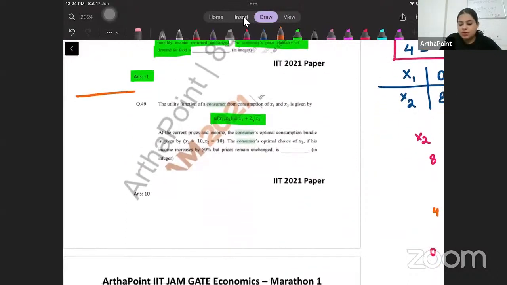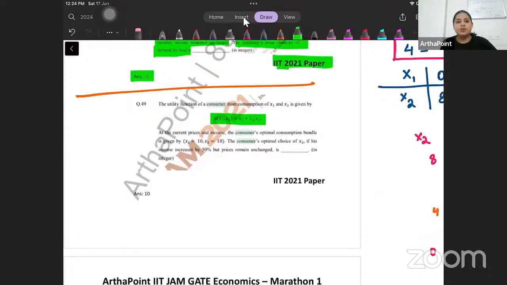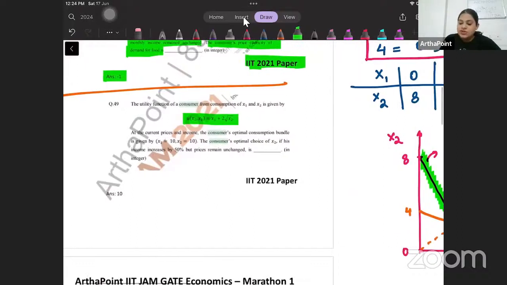This was pretty simple. And you see this is the 21 paper. Now it says the utility function given is x1 plus 2 root x2. So yesterday in the group, one of you had asked me, ma'am, will utility function of quasi-linear be always convex, will you always use the MRS equal to PX by PY equation or not?